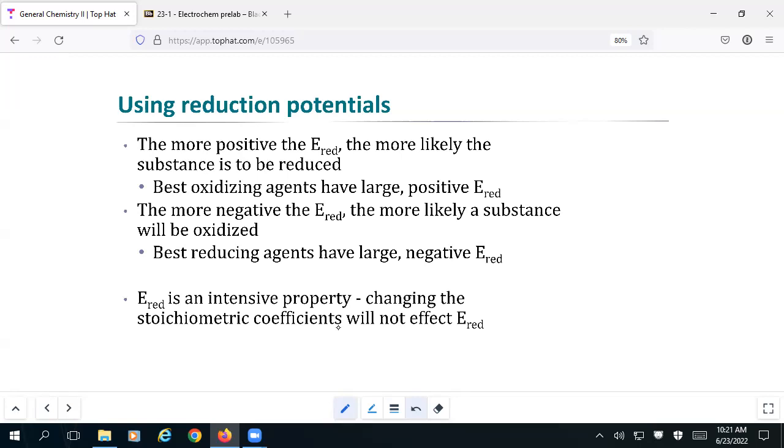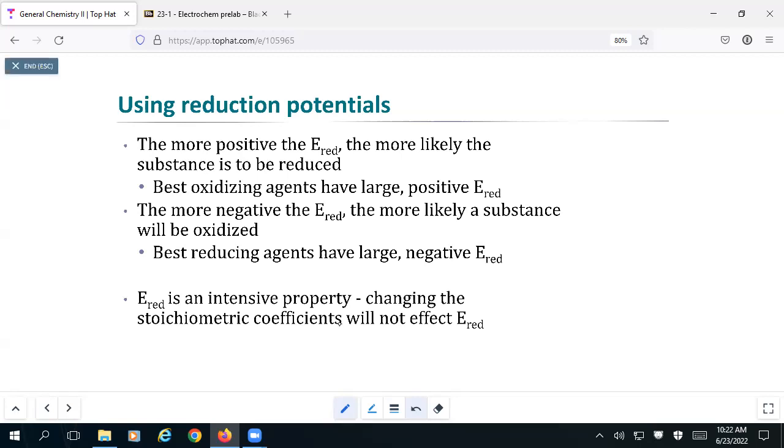Electrochemistry doesn't fly like that. Reduction potential, E cell, that's an intensive property. So when I go to add these reduction equations together to get the net reaction, it doesn't matter that I had to multiply the anode by 3 or multiply the cathode by 2.